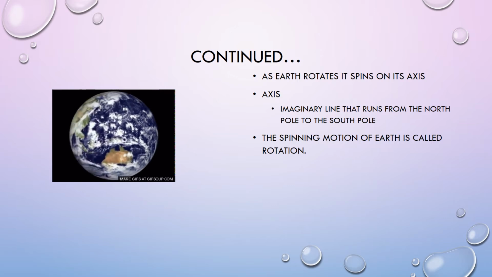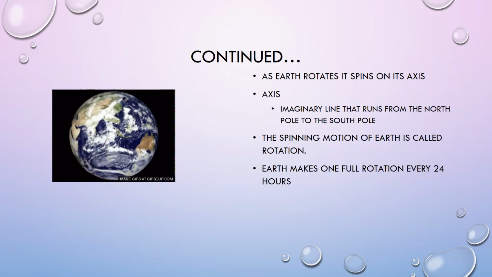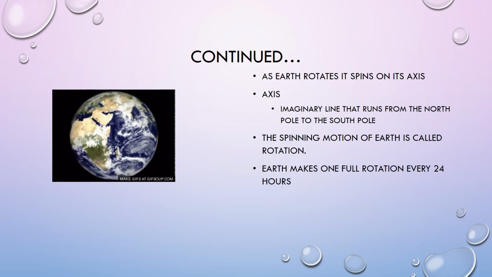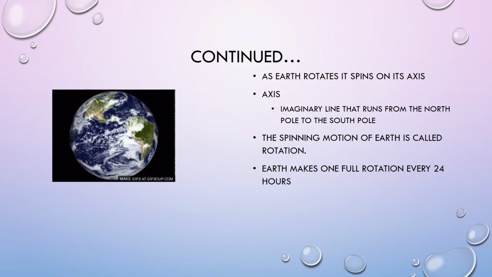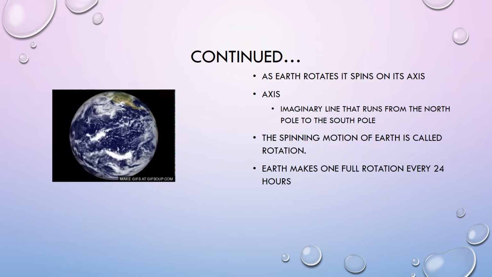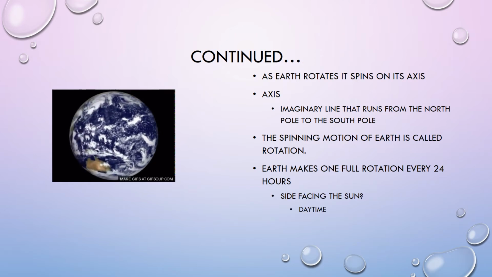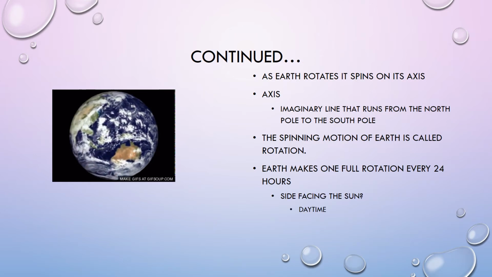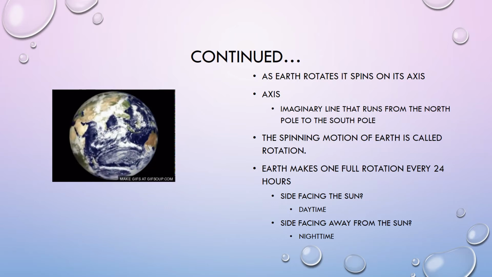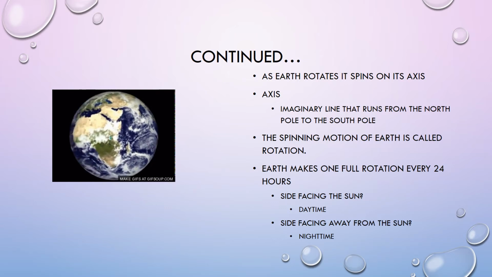This is a rotation. Earth makes one full rotation every 24 hours. So rotation is actually a day. The side that's facing the sun is in daytime, and the side that's facing away from the sun is in nighttime.